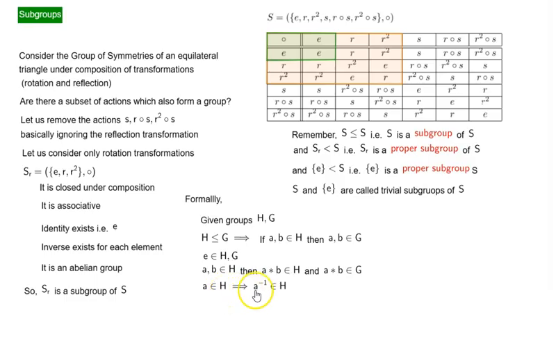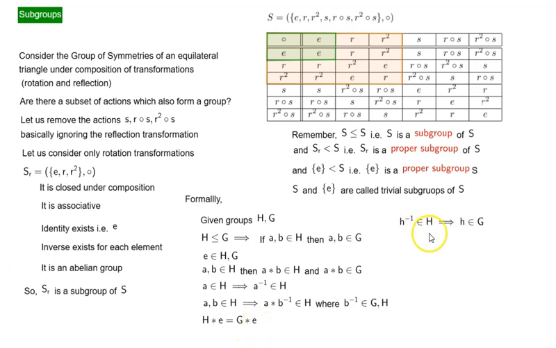A belongs to H implies the inverse of A also belongs to H. A and B are in H implies A times B inverse is in H, where B inverse is in both G and H. H times E is equal to G times E. So here, when I use the capital letter H to perform an operation, I mean that any element of group H, when composed with the identity, gives a result which will be the same as the same element in G composed with the identity.